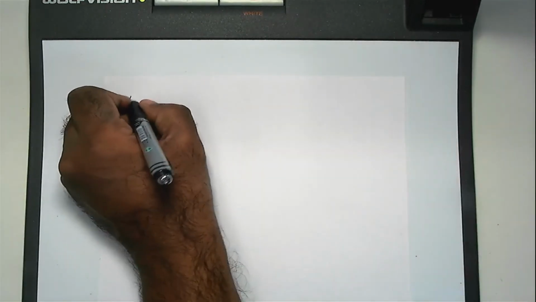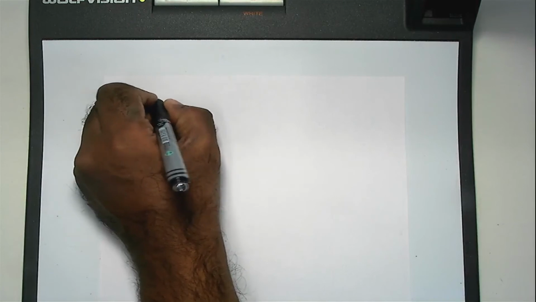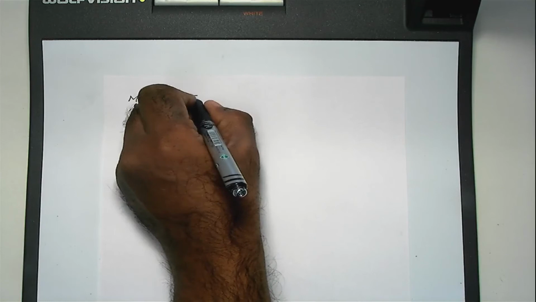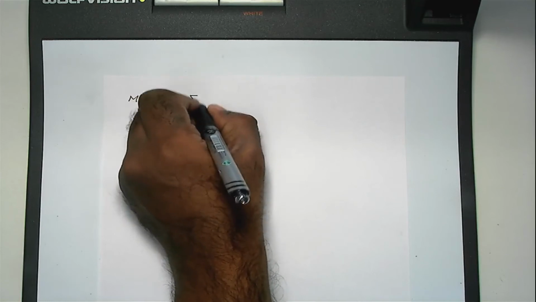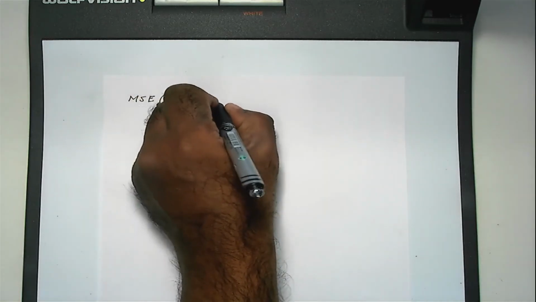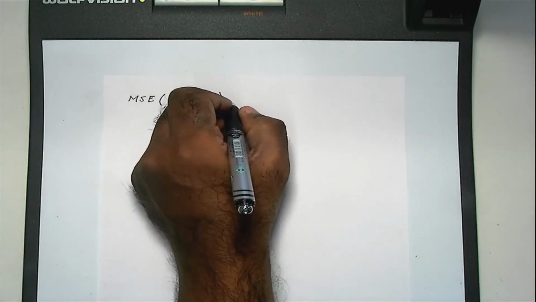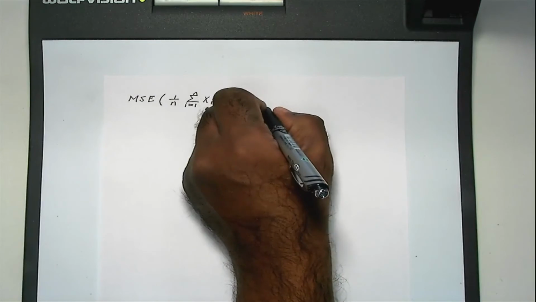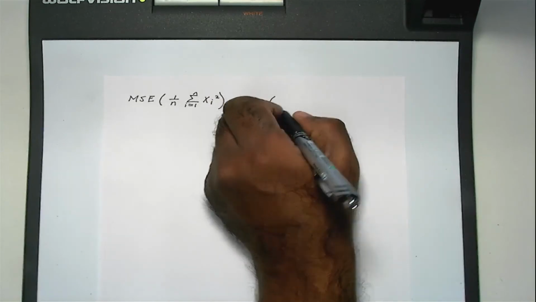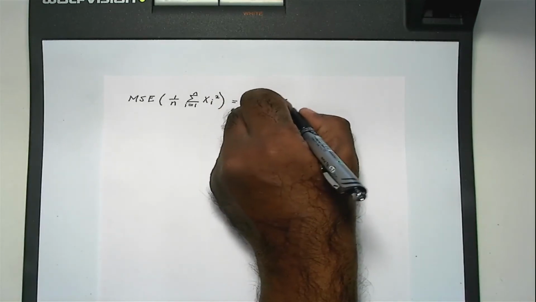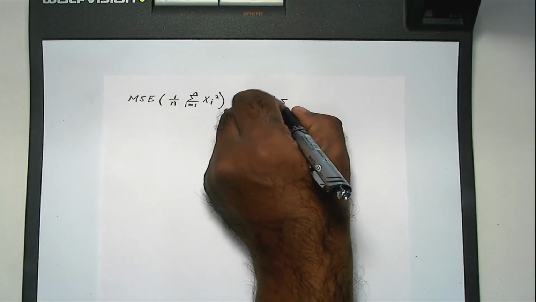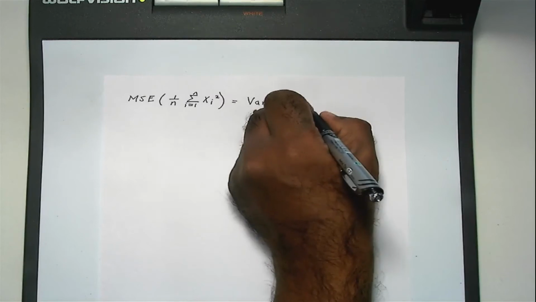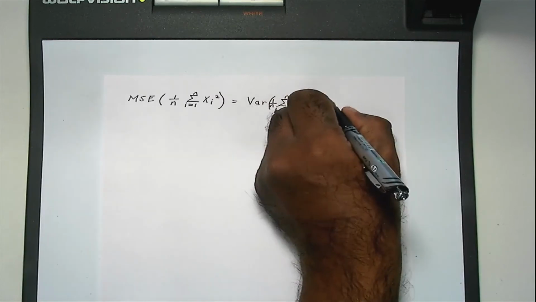So the MSE of this is equal to the variance, using the property on point estimation, the variance plus the square of the bias.